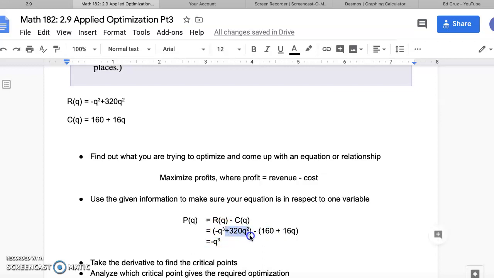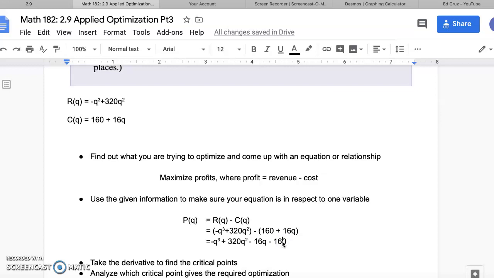So we'll have this part. And then we'll have the minus 16Q. And then we'll also have the minus 160. And there we have a nice long cubic polynomial.